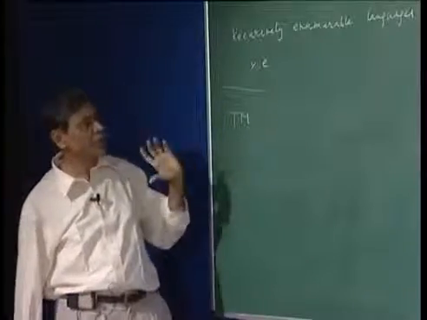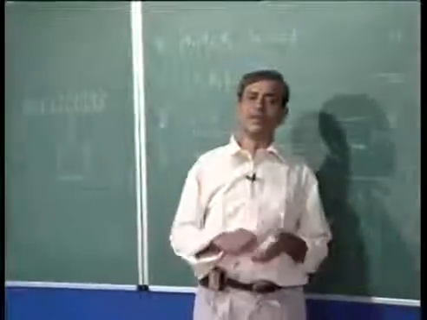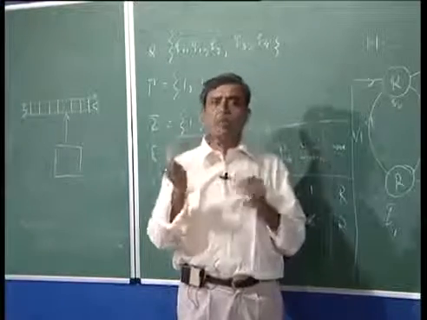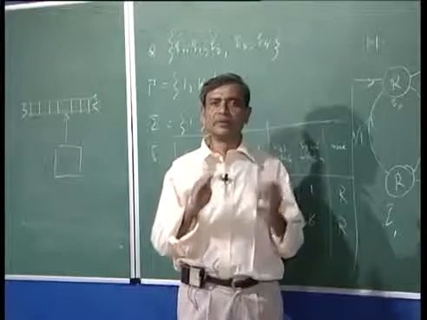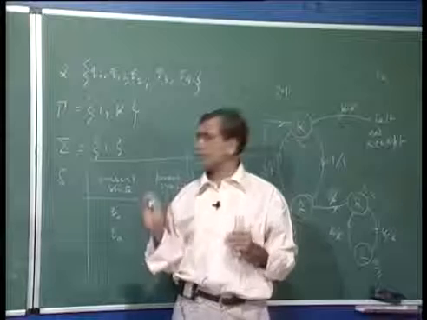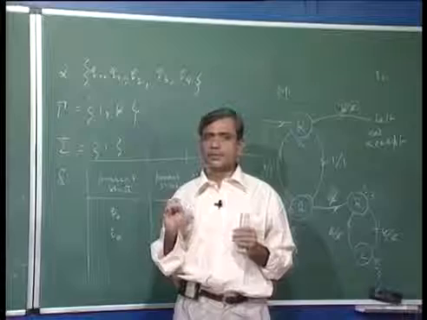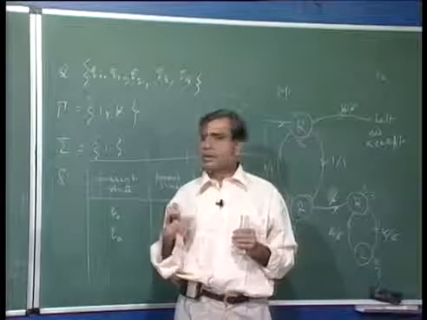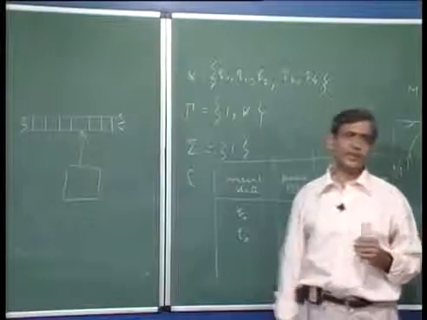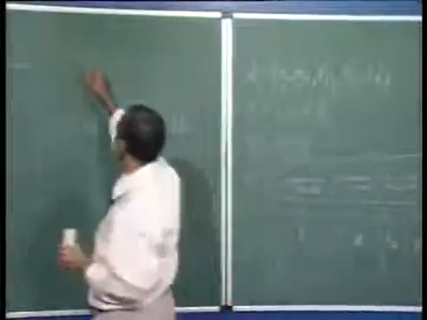So, basically, as I said right in the beginning in our discussion of Turing machines, we would like to equate the informal notion of algorithm with the notion of Turing machine computability. So, therefore, the question which becomes important is that we have defined this particular model, which we may call the basic Turing machine model.